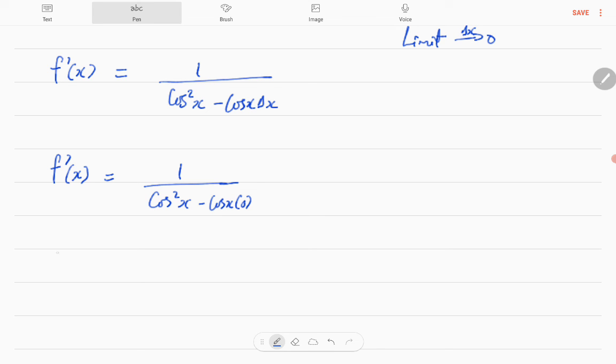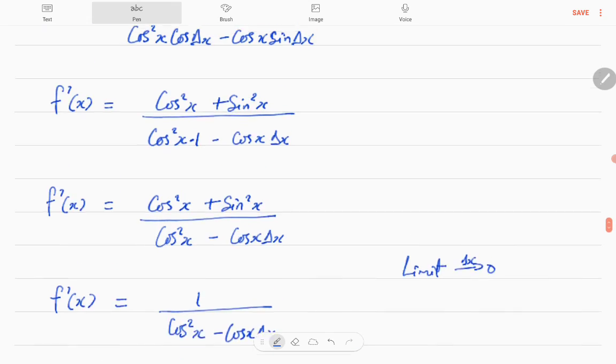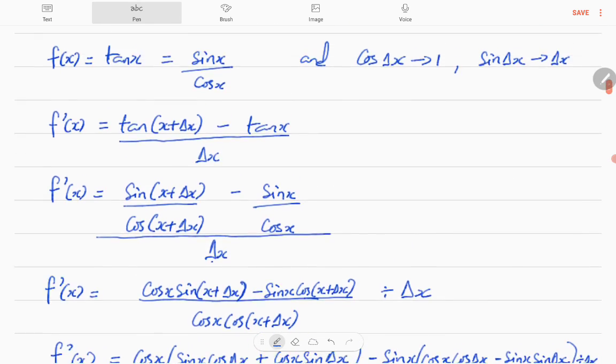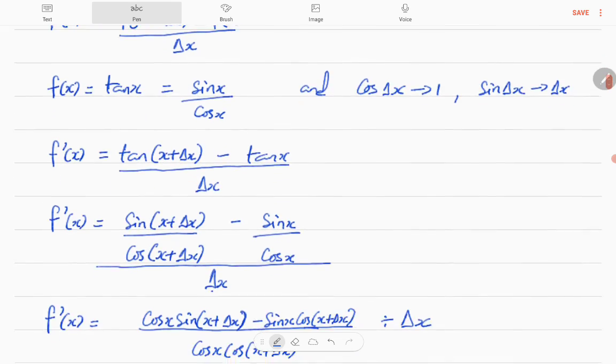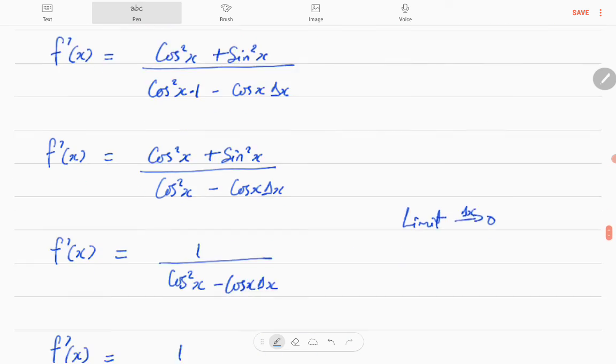So this will give us f prime of x is equal to 1 divided by cos square x, and of course 1 divided by cos square x is sec square x. So we've been able to prove that the derivative of tan x is equal to sec²x.